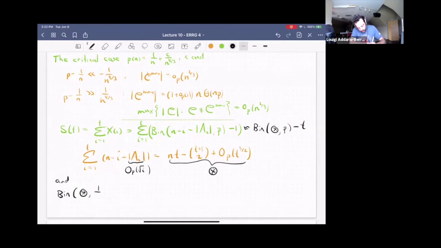Remember, we're looking at the case p is 1 over n plus c over n to the 4/3. So I want to think about both the dominant terms and also the fluctuations of that binomial. Just by multiplying out this probability by this parameter, we get a t term from the nt times 1 over n, and then a ct over n to the 3rd.